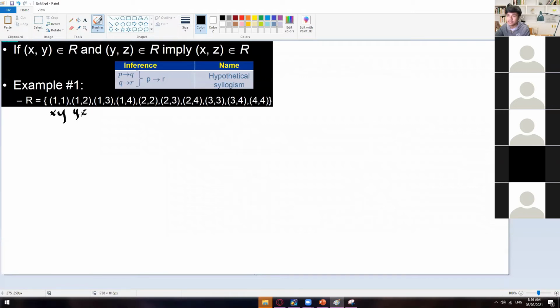Y is the same as 1, which is 1, 1. Then we should also have an x, z, which is 1, 2. This 1, 2 is the same as this one. This is only a coincidence for this example. We're good for this part. We could say that for 1, 1 and 1, 2, it's transitive.